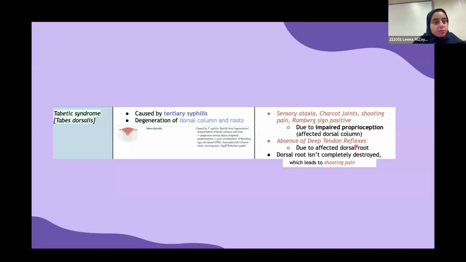Absence of deep tendon reflexes due to the affected dorsal roots. And then the dorsal root isn't completely destroyed, which causes shooting pain. So the words shooting pain, sexually active, sensory ataxia, all of these are signs for tabes dorsalis. But again, it's tertiary syphilis, so infection is involved.